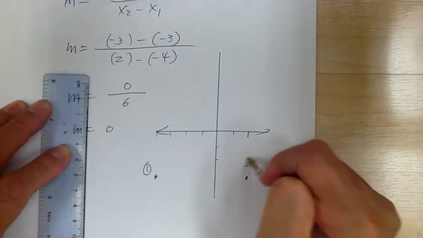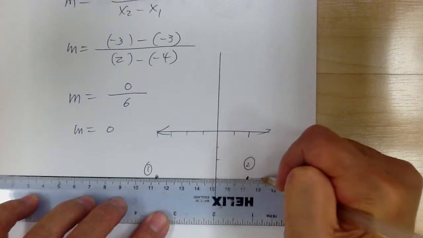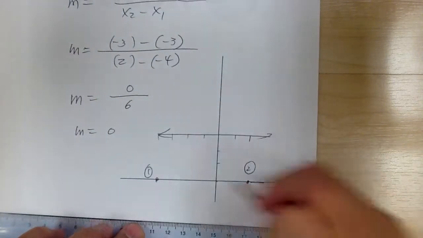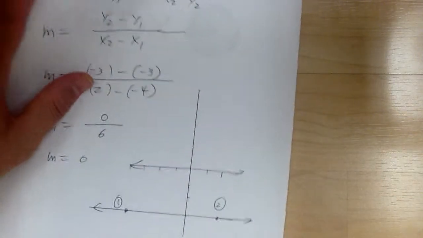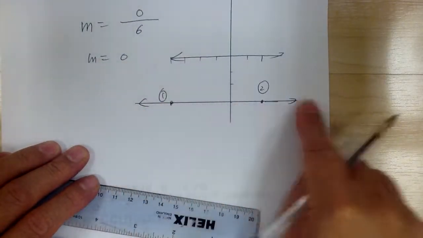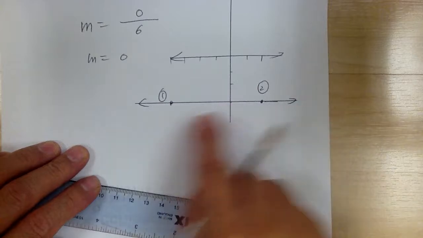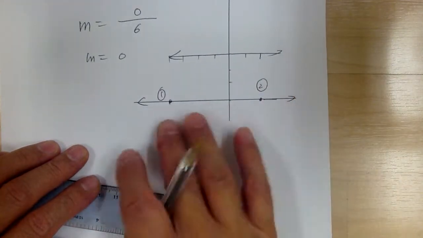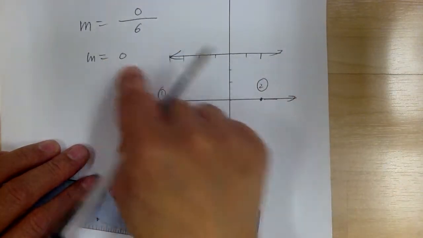That's your point number 2, and you connect. So slope equal to 0 means there's no up or down. It just stays flat. You have a flat surface, you don't have any up or down. So that's what it looks like if you were to graph.